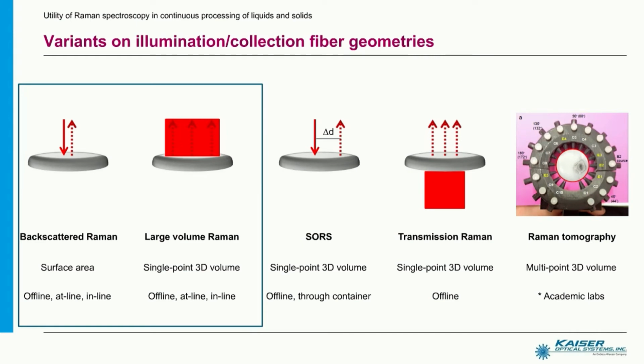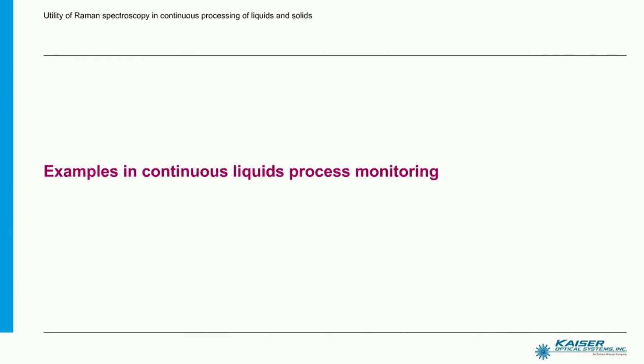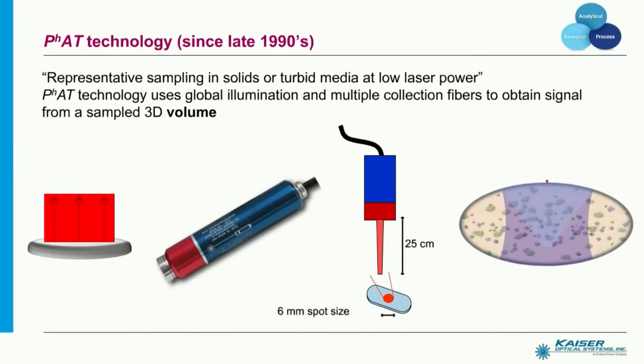This large volume Raman is incorporated into a process probe that we call the PAT technology. It provides representative sampling in solids or turbid media at low laser power, and it's offset, so you don't need to touch the sample. We can see, starting here on the left-hand side, working from first principles, that we have a defocused laser and multiple collection fibers.